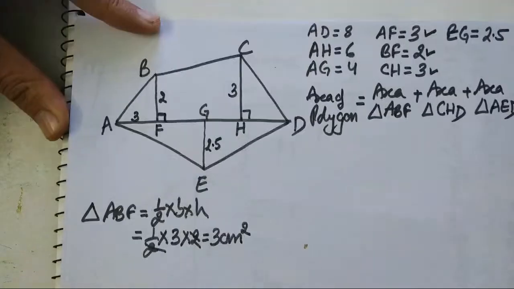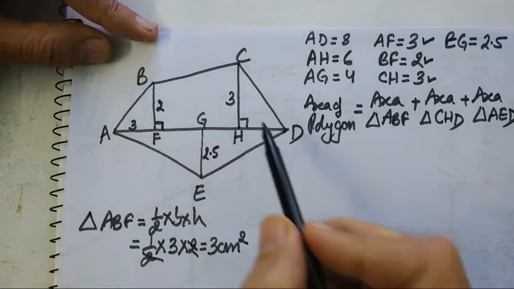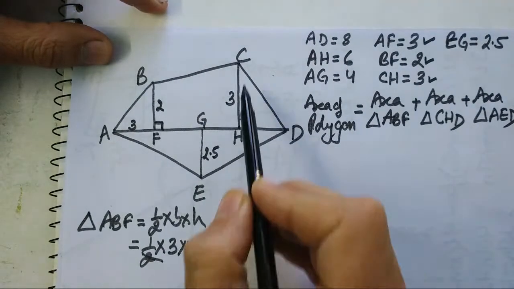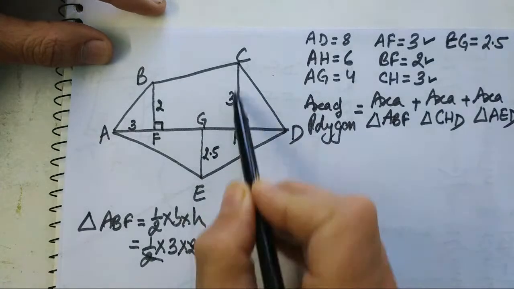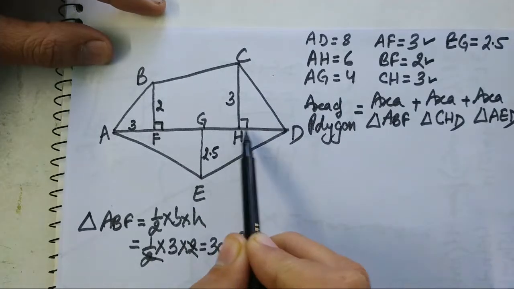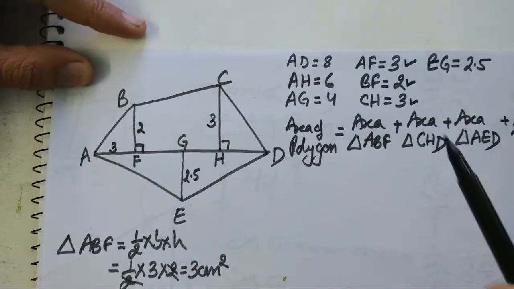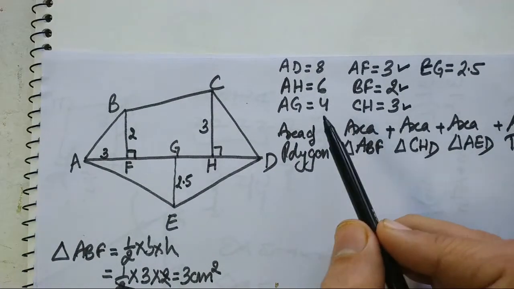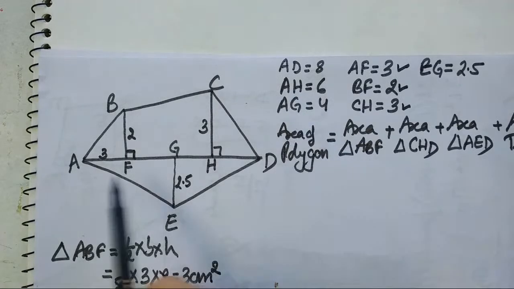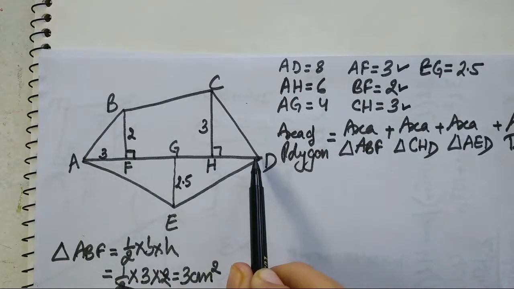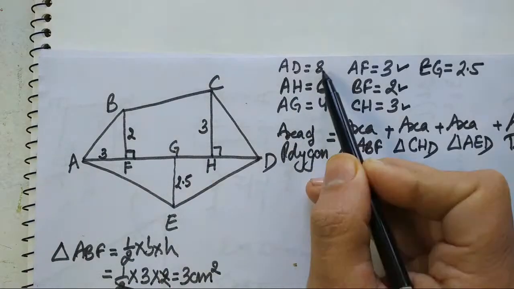Now area of the next triangle we need area of CHD. Now CHD 3 is given. This is perpendicular, but the base HD is not given. But if you see the measurements in the question, the measurements are AD full length is given 8.